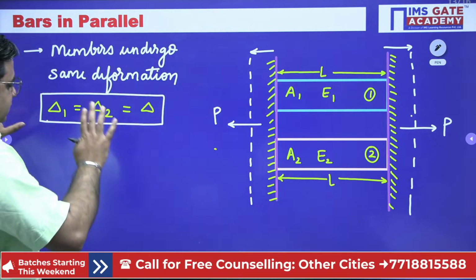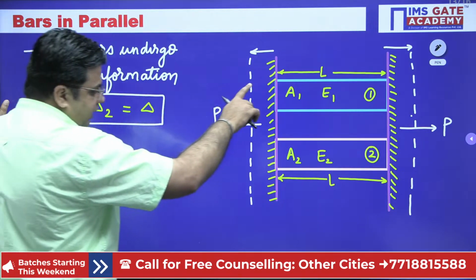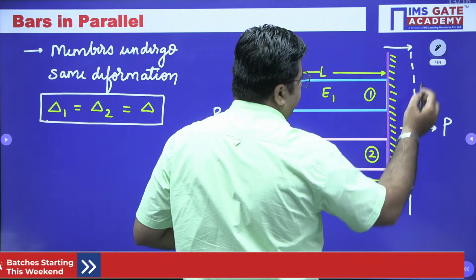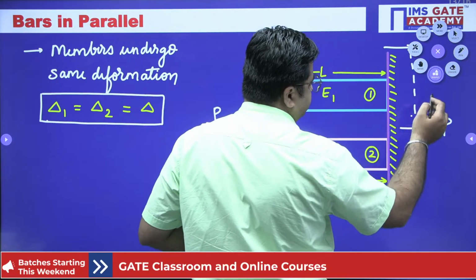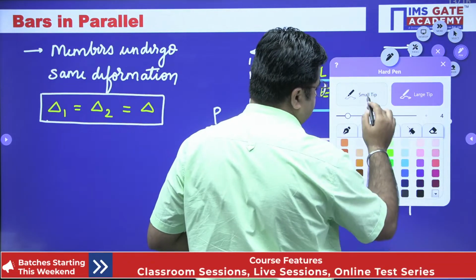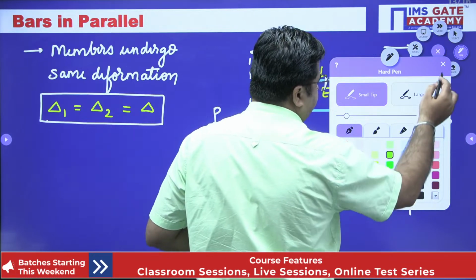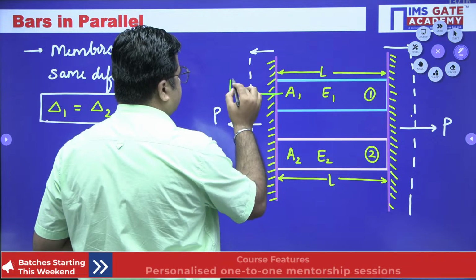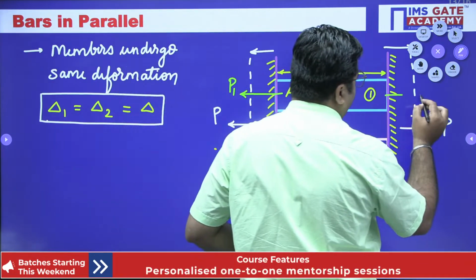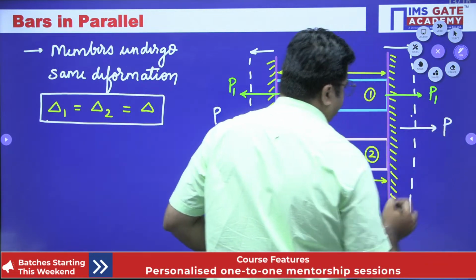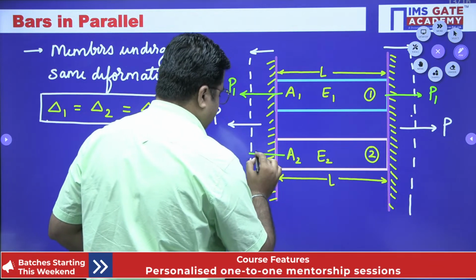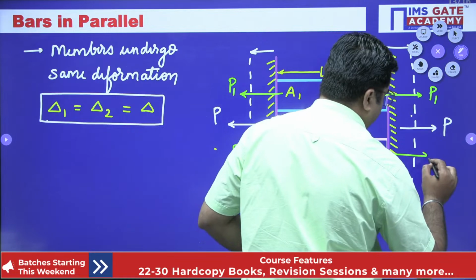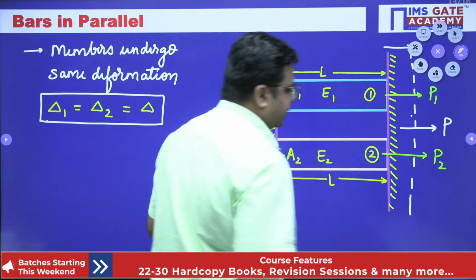So first, when these two members are undergoing the same deformation, the amount of load coming on member 1 is P1, and for member 2 the amount of load coming is P2.